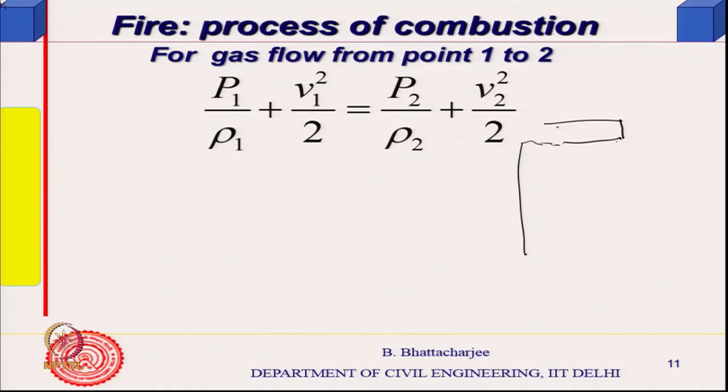What we said was, this is the window. So, 1 was somewhere there, 2 was somewhere there, therefore 1 and 2 are at the same height. So, that is ignored, and this is the velocity at that location at distance y by 2, and P1 by rho 1, P2 by rho 2, etc. Similarly, for 3, 4 also I can apply, but let us do it for 1 and 2 first.